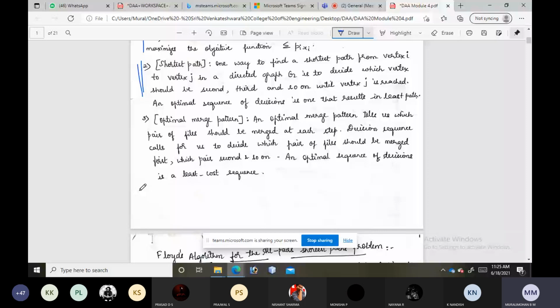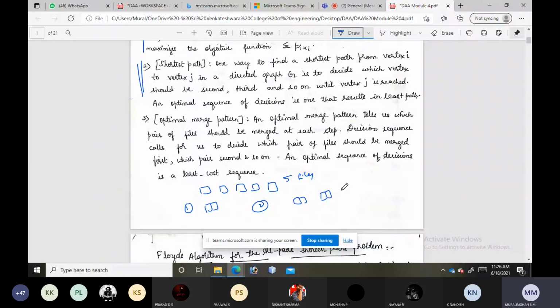For example, let us take that we have 5 files: 1, 2, 3, 4, 5. So merge these files. One way is that one is merged with the second one, next with the third one, next with the fourth one. Second, we can merge two at a time, so we are left with only one.